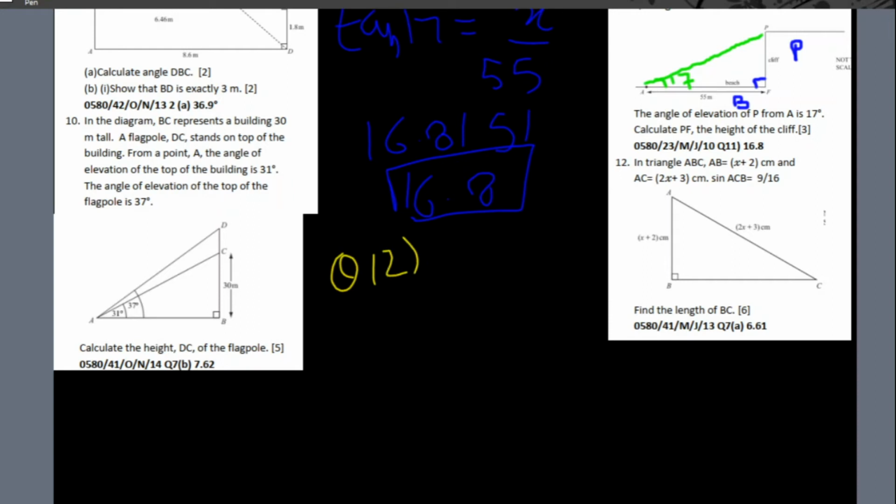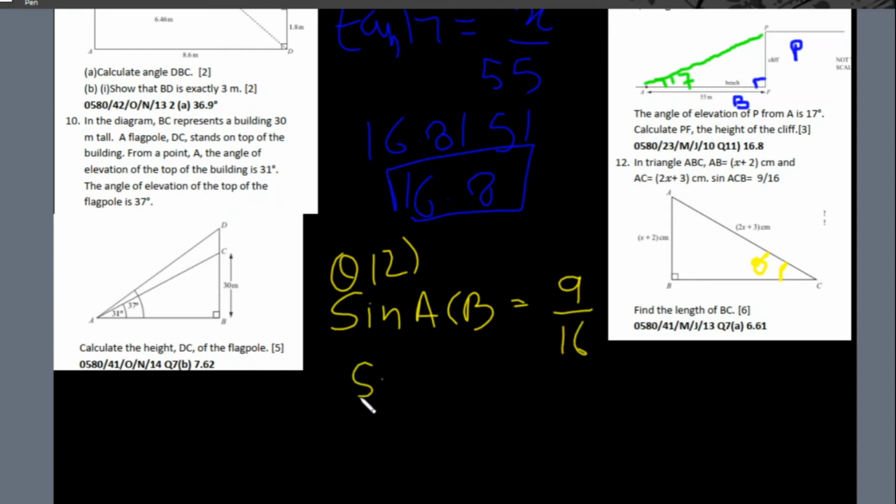which is in this triangle, sine ACB is 9 by 16. Find the length BC. So we're given sine ACB. So let's write that down. Sine ACB equals 9 by 16, right?